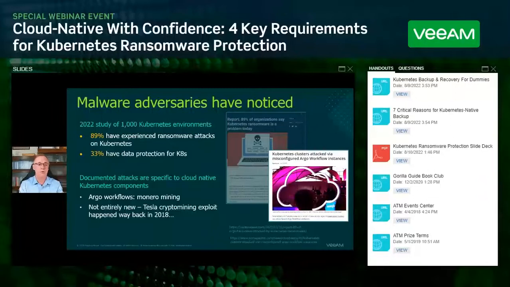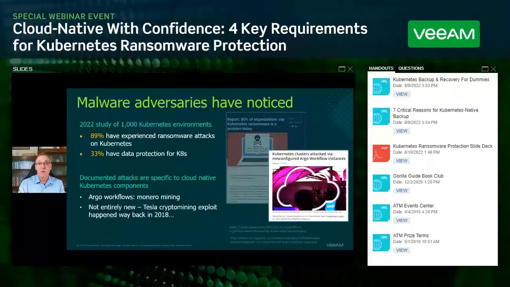Argo workflows, which are a very commonly used open source suite of products that help developers deliver software rapidly and safely. You can roll out your updates, and you can roll them back if there's an issue. Very common in Kubernetes environments. There were some vulnerabilities that were being exploited in Argo workflows for crypto mining, specifically Monero crypto mining.